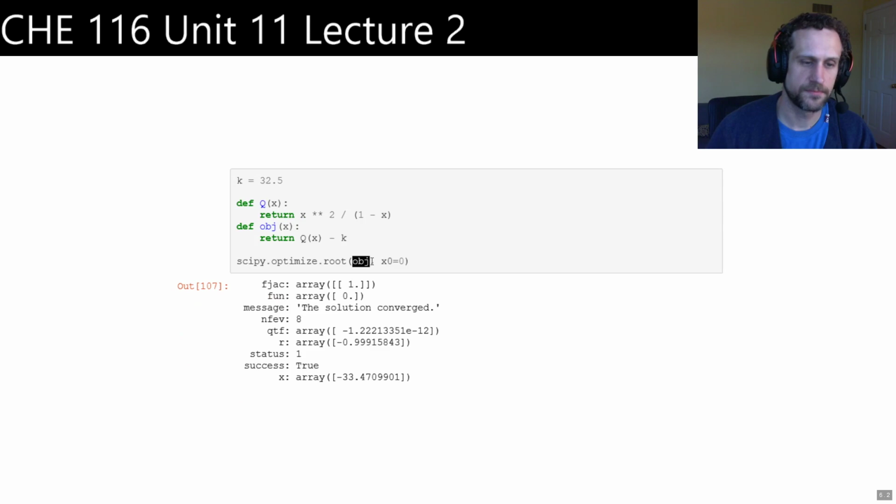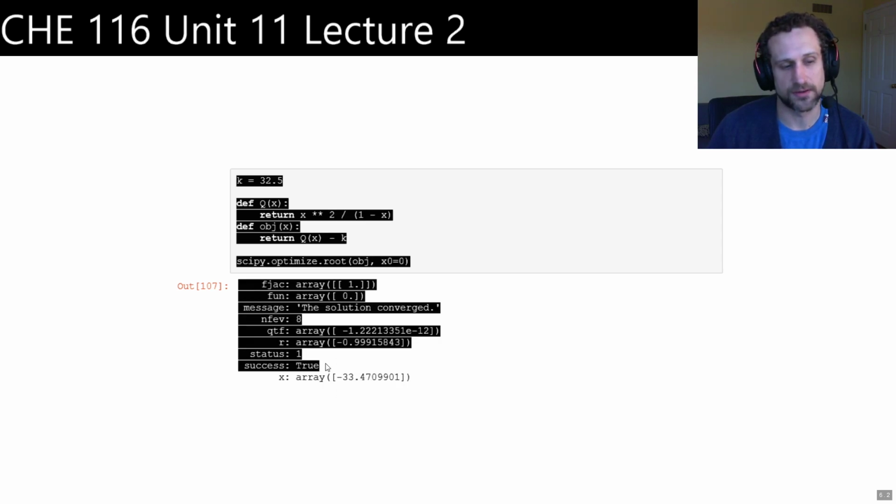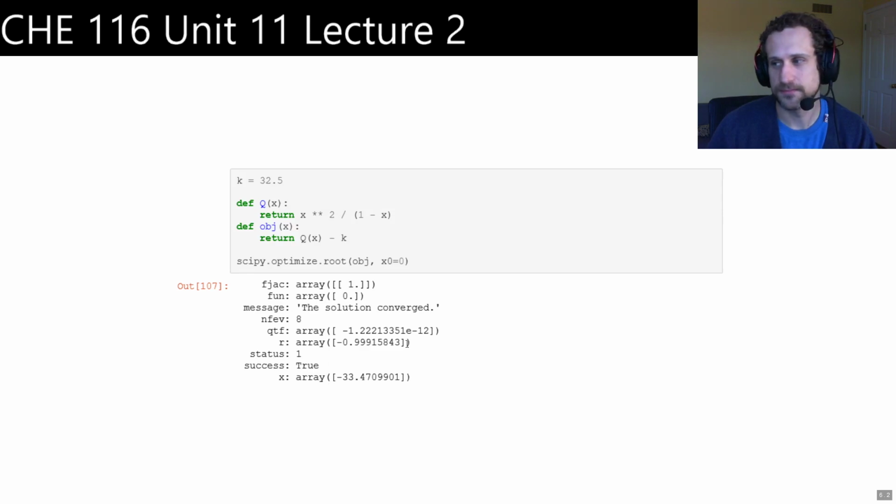Then I plug that in here. And then I start at, just as an example, I'm just showing you guys the wrong way to do it here. If I use root, so it's unbounded, and I start at x naught equals 0, it tells me the extent of my reaction is minus 33, right? So my extent is between 0 and 1, right? And now it's minus 33, so that is not correct.